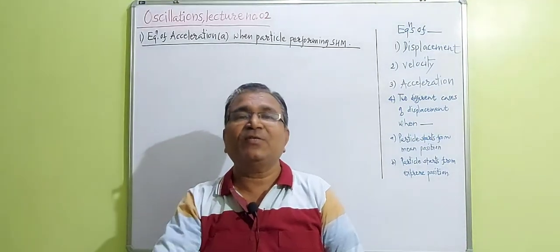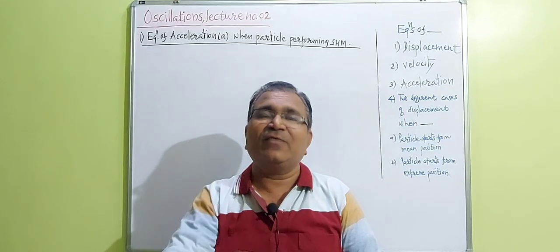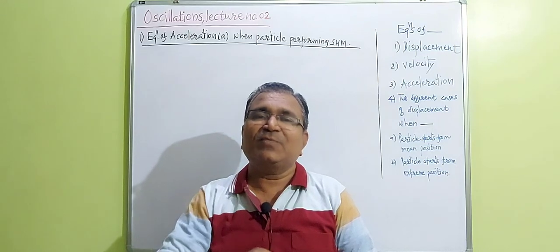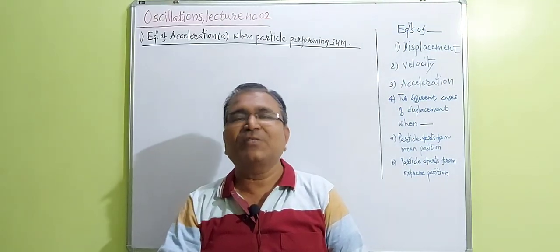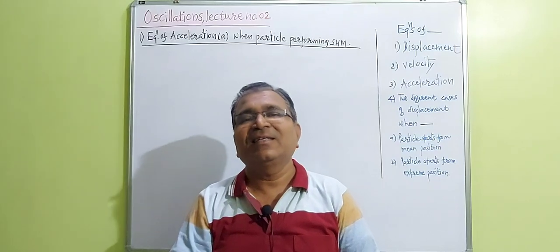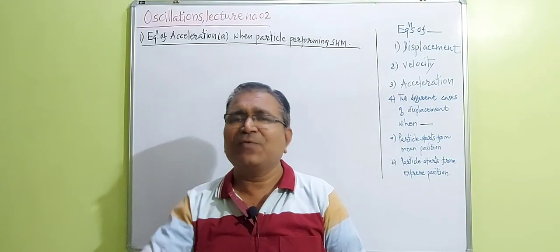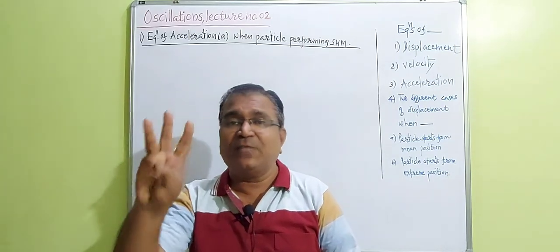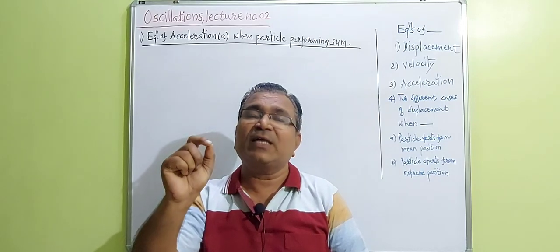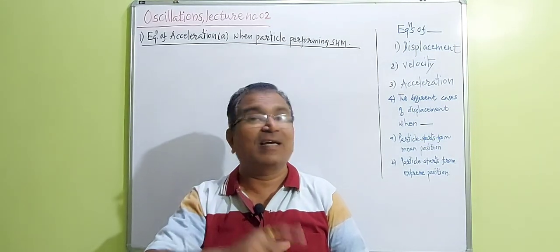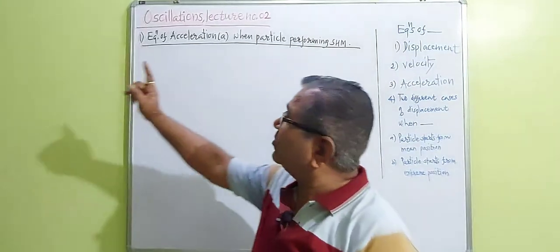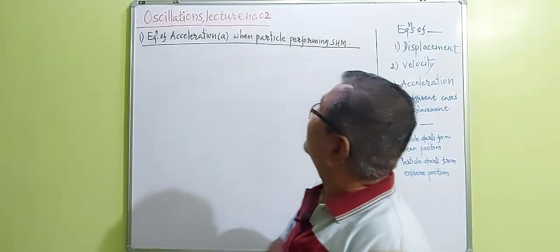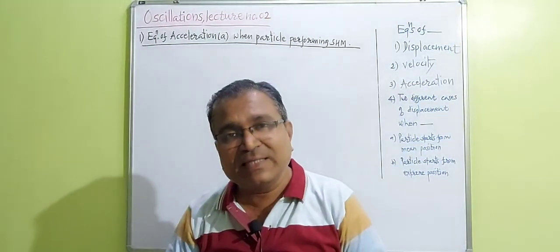In our lecture number 2, we have to derive 3 equations of 3 physical quantities: number 1 acceleration, number 2 velocity, and number 3 displacement when a particle is performing SHM. Listen carefully, dear students, out of these 3 physical quantities we are able to derive acceleration first.